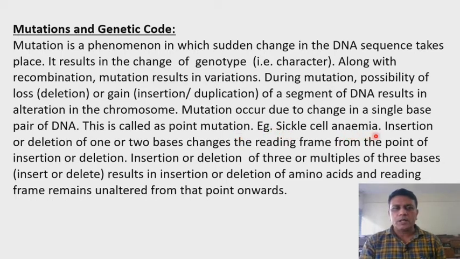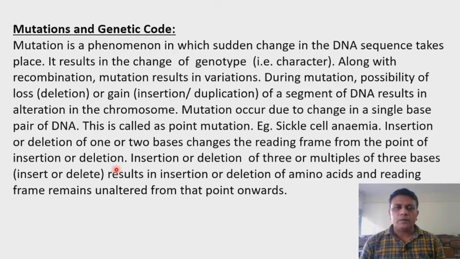Then insertion or deletion of one or two bases changes the reading frame from the point of insertion or deletion. Reading frame means you know that the genetic code consists of a sequence of 3 nucleotides or 3 nitrogen bases. So the grouping of codons is called a reading frame.